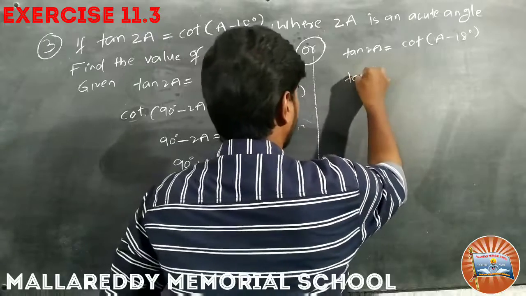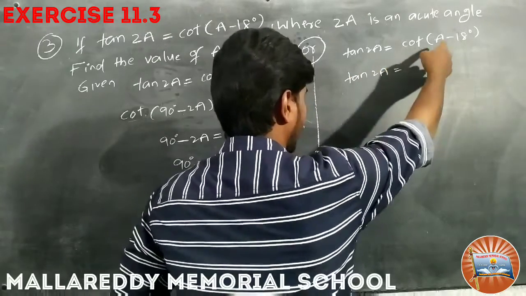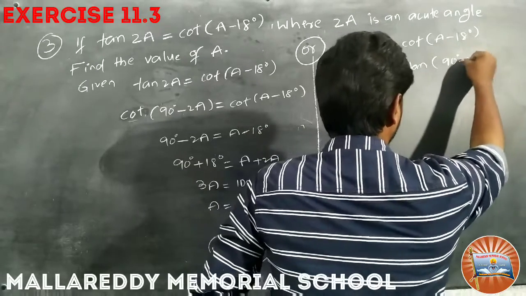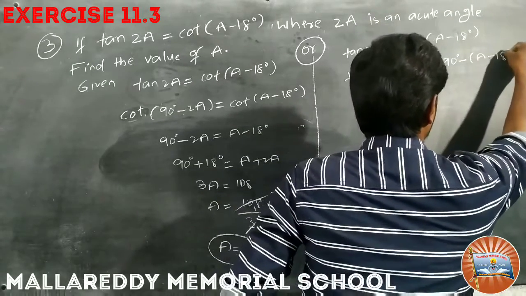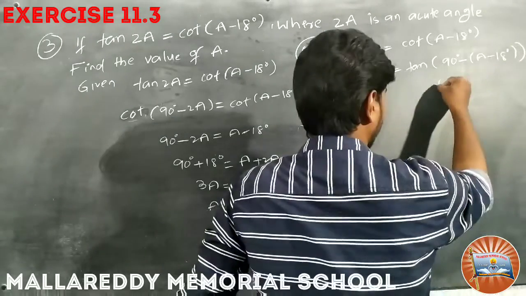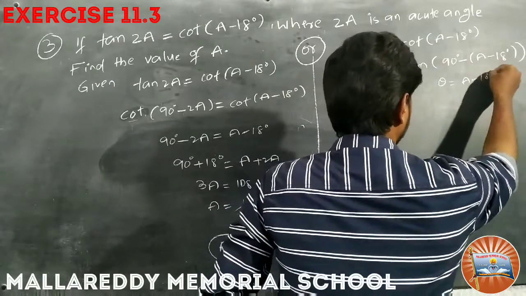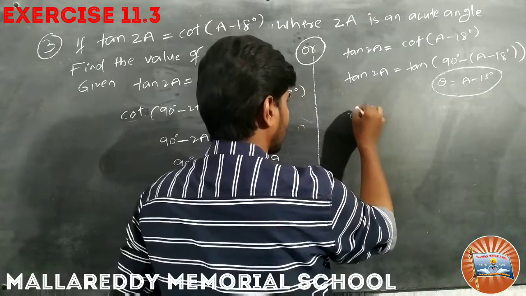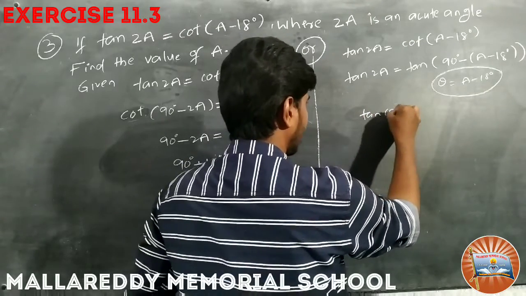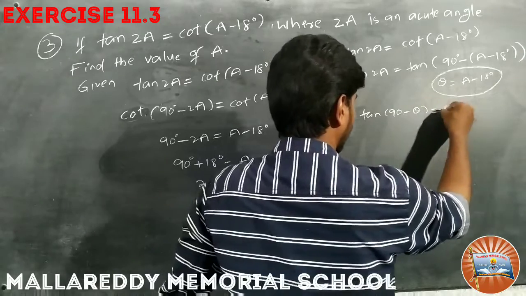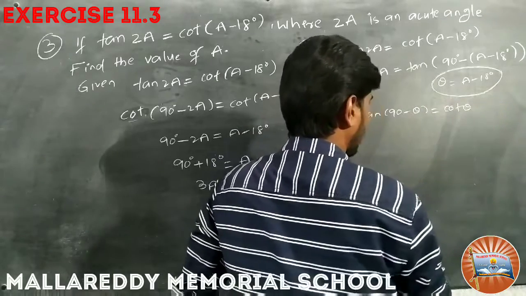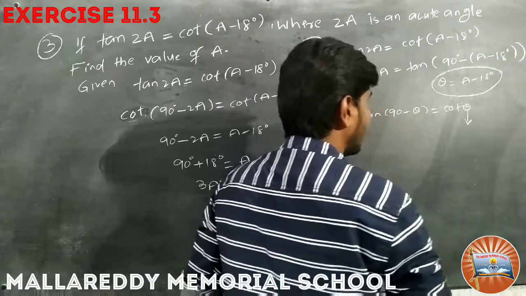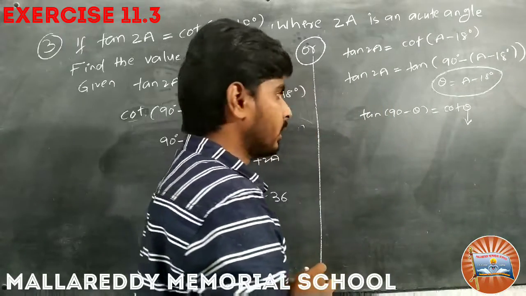So tan 2a is equal, this we can write as tan(90 degrees minus (a minus 18 degrees)), in place of theta, a minus 18 degrees here, okay. Suppose the formula is tan(90 degrees minus theta) becomes cot theta, okay. Here in place of theta, a minus 18 degrees is there, okay, right.